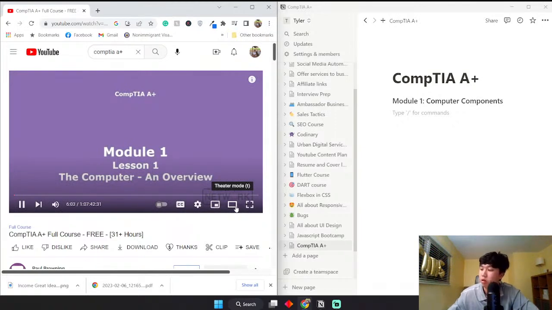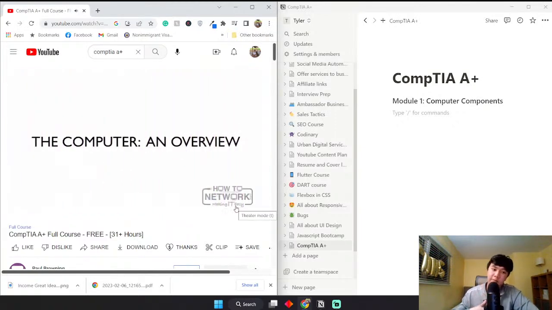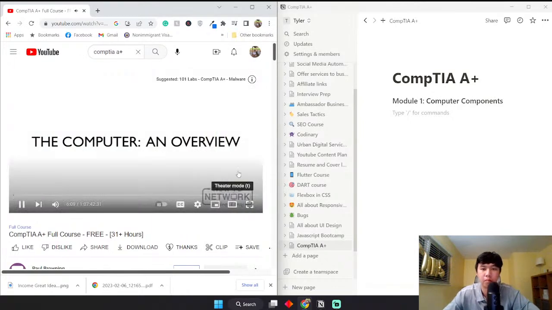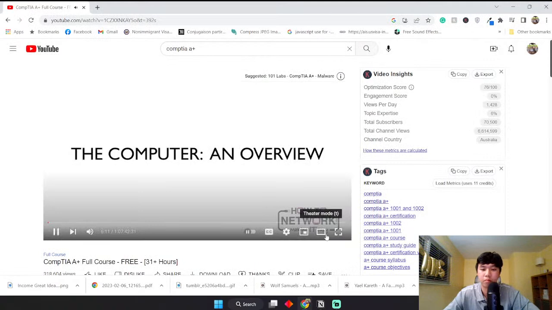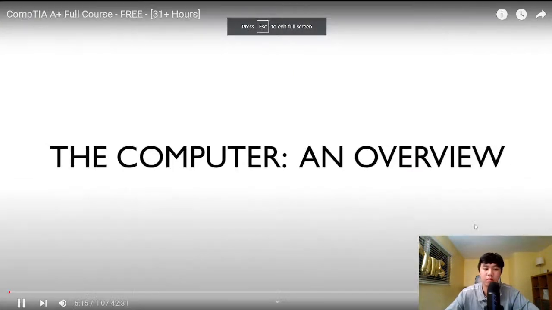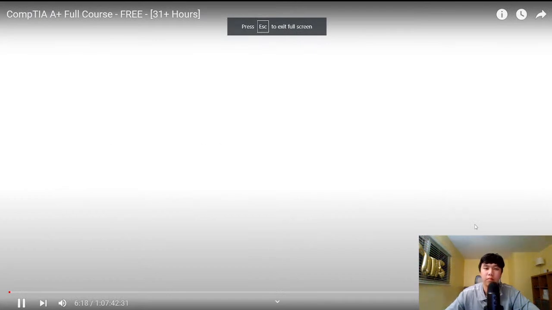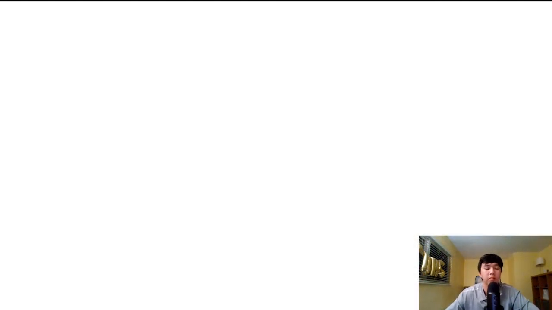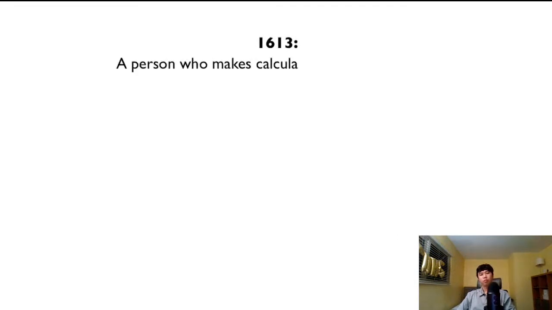The computer, an overview. Before we can delve into the complexities of a computer, I want to go over all the parts that make a computer. And when I was looking for a way to provide a metaphor to those who might not be as familiar with computers, I came across this 1613 definition in the Oxford English Dictionary that said, a computer is a person who makes calculations or computations.